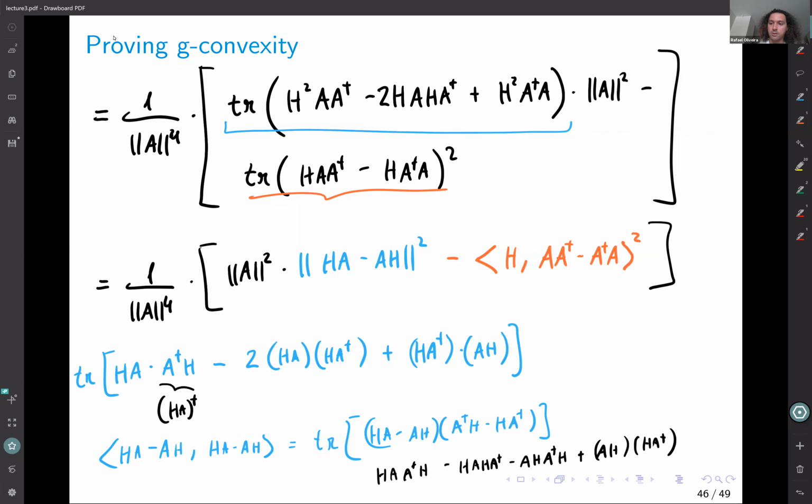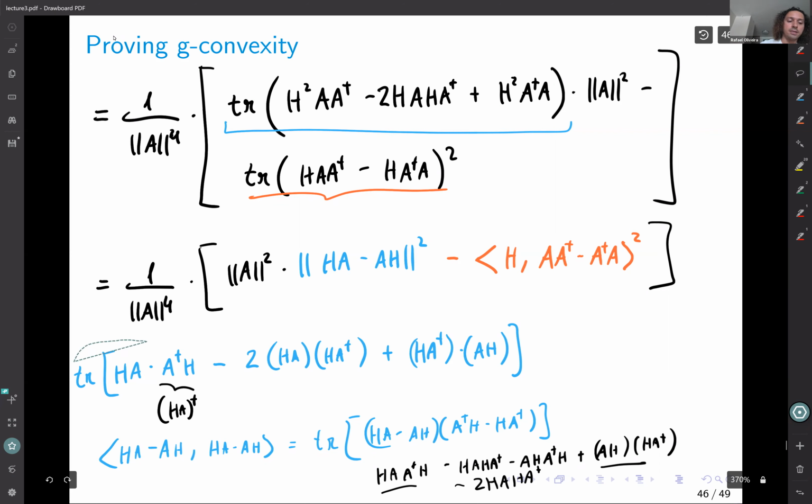So the first and the last terms are good, and now we have to see the second term. But the second term, by the cyclicity of the trace, we have minus 2 HA dagger. So this proves that the blue part is correct.